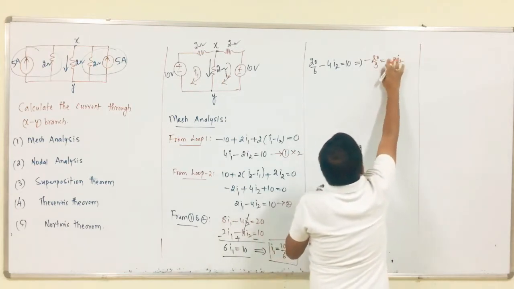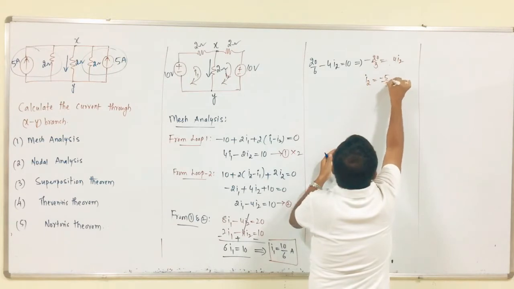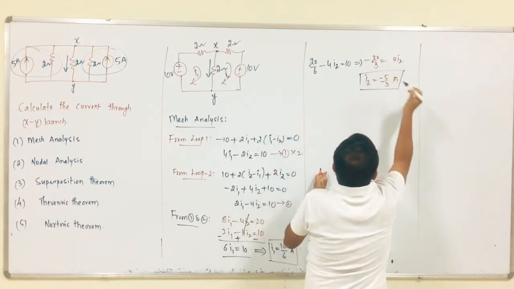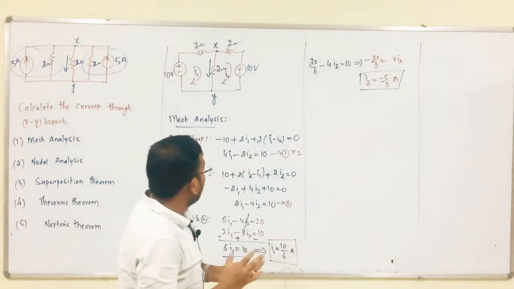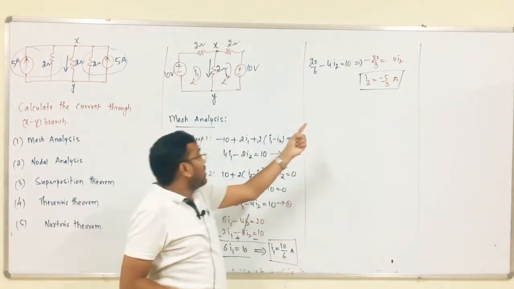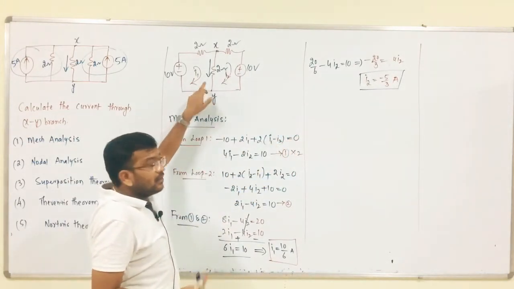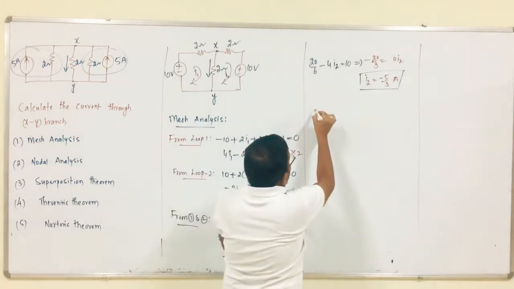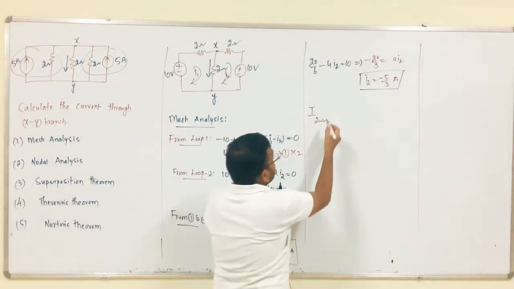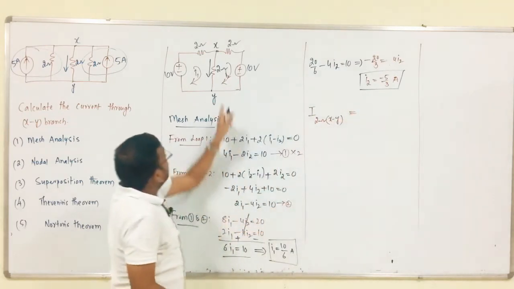From this, I2 is equal to minus 5 by 3 amps. So, we have I1, we have I2. We have to calculate the current through this branch, right. So, finally, the current through the 2 ohm branch, which is present between X and Y, is equal to, what is the current?